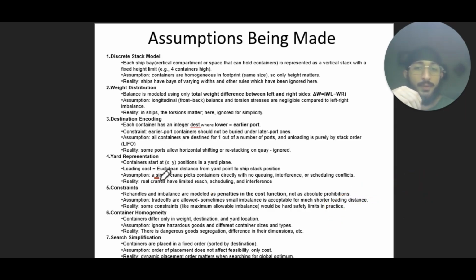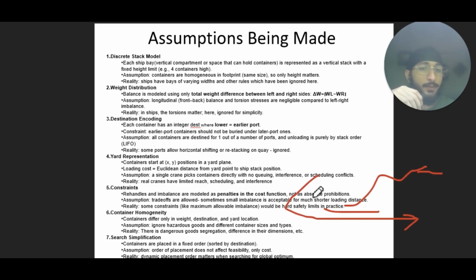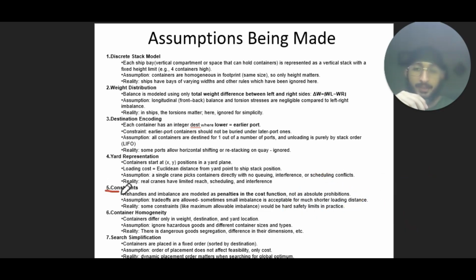But in reality, real cranes have limited reach, scheduling, and interference, right? There could be difficult terrain, so the crane would take a different path, which would increase the path length. So we are not considering all those factors. Then the next is constraints.